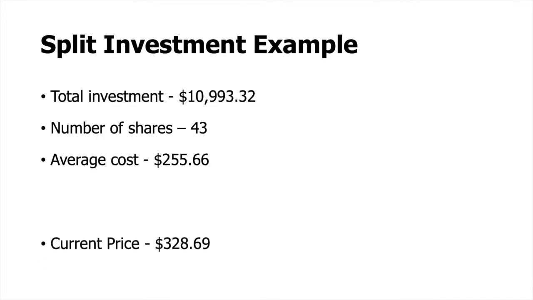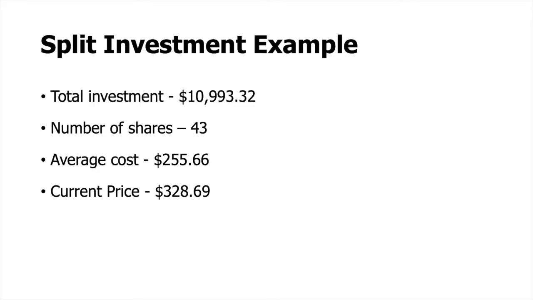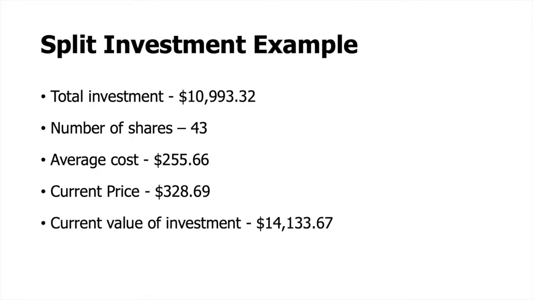And with the current price of 328.69, this means the value of our investment is now $14,133.67. So this is an increase of 28.6%. That's by far the best return of any of the different strategies that we looked at here, and a lot more significant than the previous one where we put all of our money in.